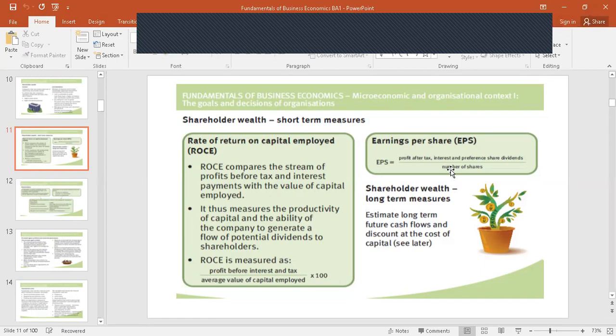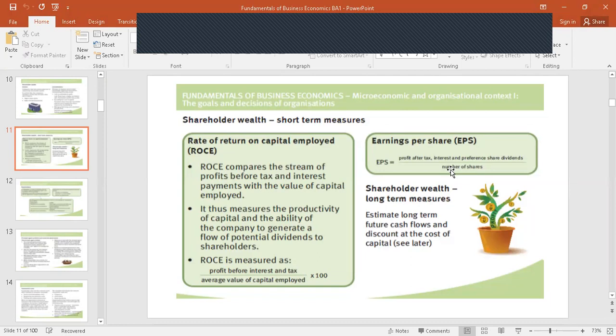But in the short term, how is shareholder wealth calculated or assessed? One way is to measure what amount of return was earned for the amount of capital invested into the business, ROCE or ROA, whatever is the variable used to measure the performance. That is one way of doing it.